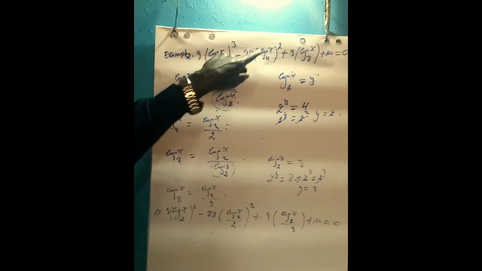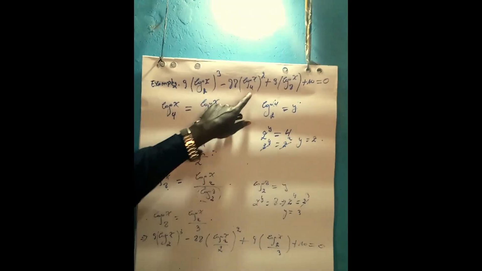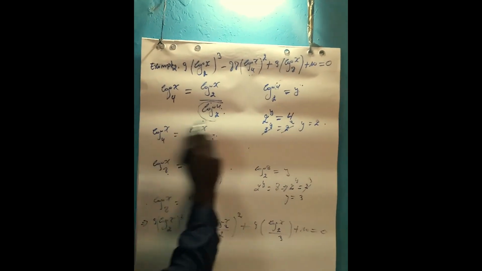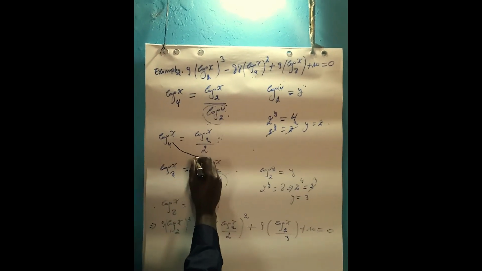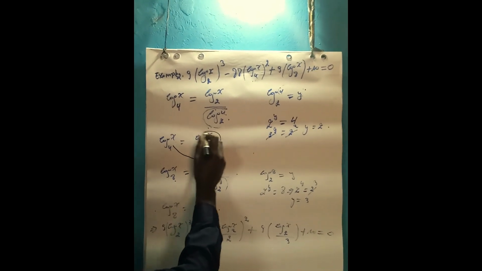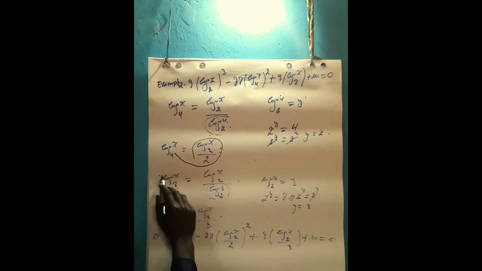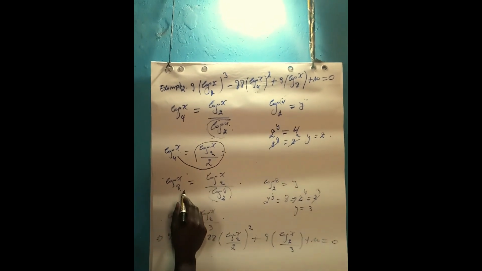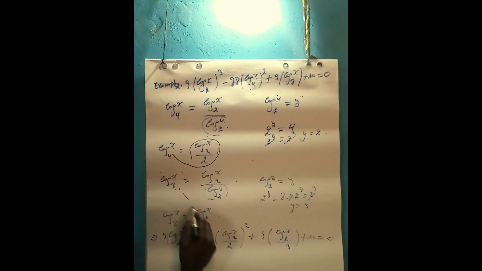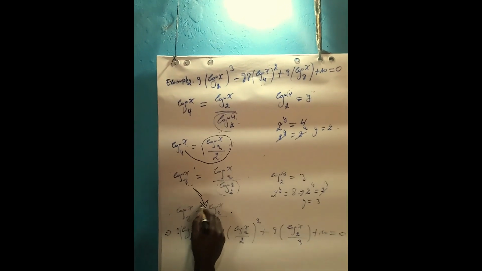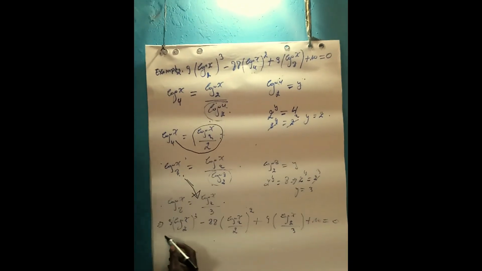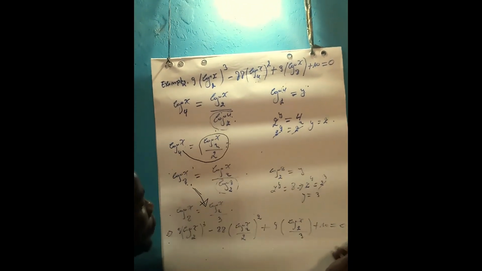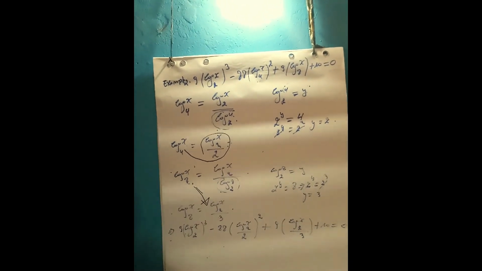Log x base 4 into base 2 is this. It gives this. And then logarithm x base 8, it gives this. Then substitute into the equation. So we get this equation.